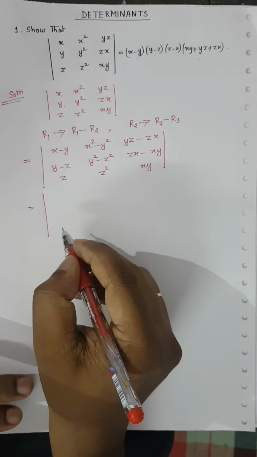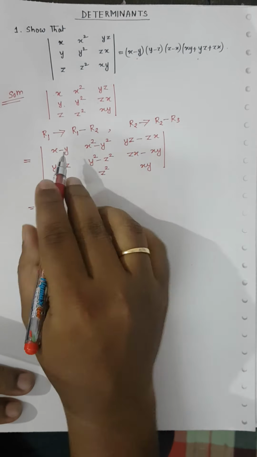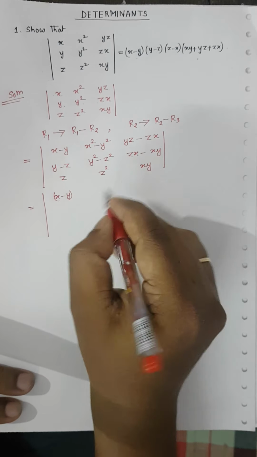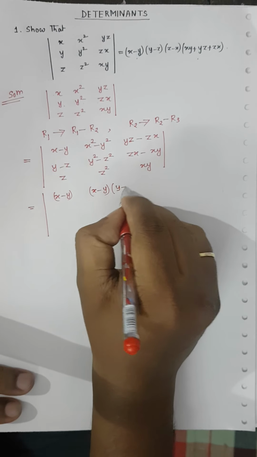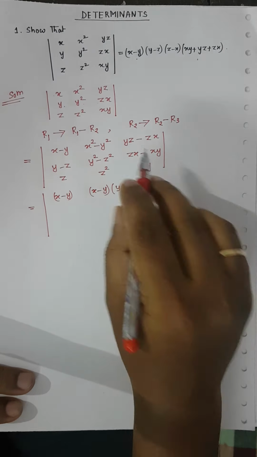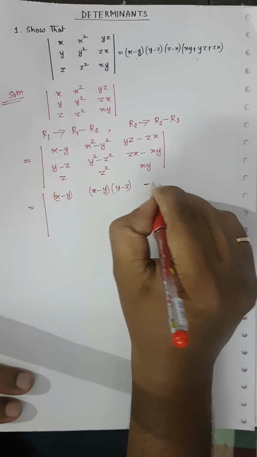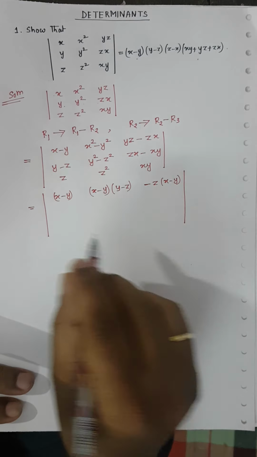You can clearly see the factor x minus y in row 1. If I factorize it, I will get x minus y into 1, x plus y, and if I take common minus z, I will get x minus y.